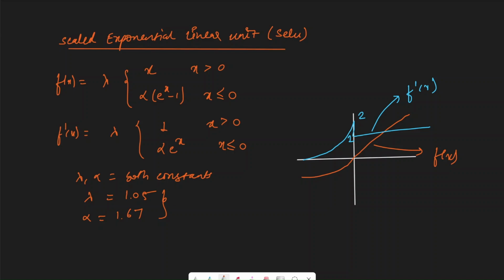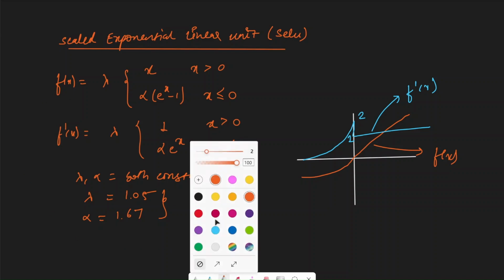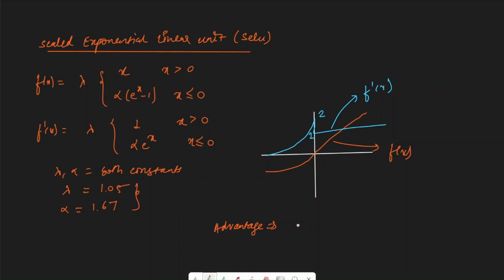Now one of the most important things and the biggest advantage of the SELU function is that it is a self-normalizing activation function. So it has self-normalizing activations, which means that whatever is the output for the whole layer for the SELU function, it will have a mean of 0 and standard deviation equal to 1, and this would lead to stable training.